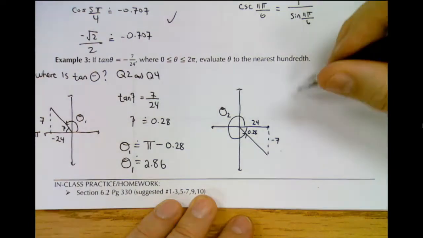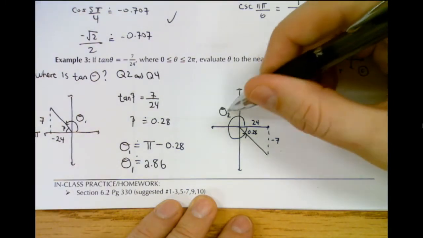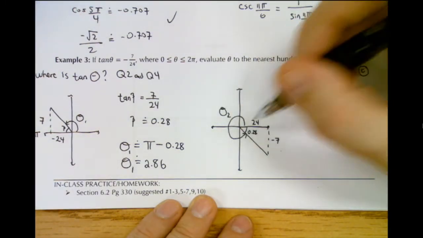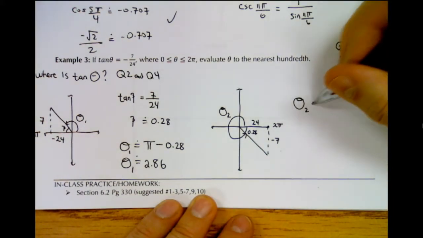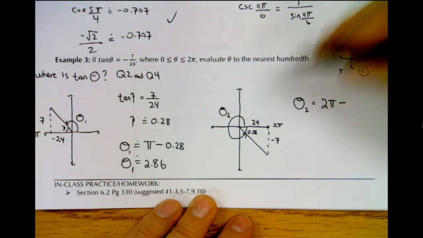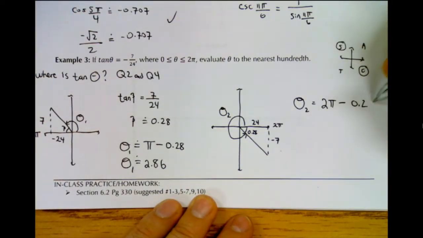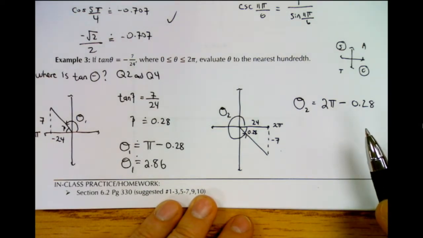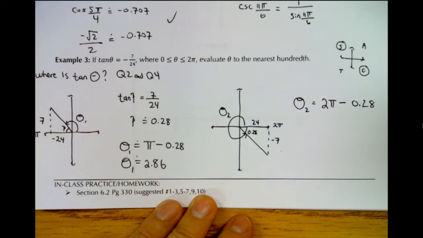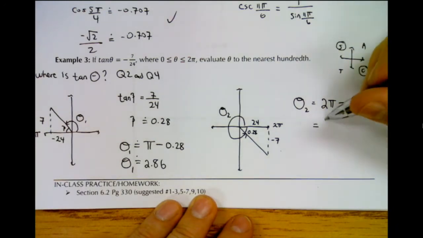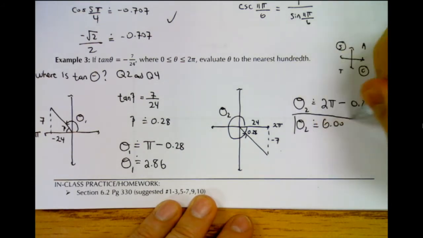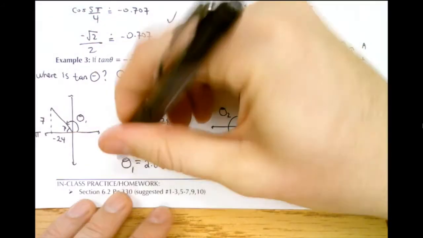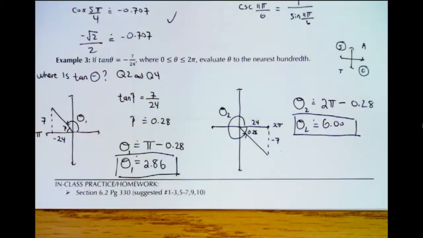We just have to think logically: what is this theta 2? Well, it almost goes all the way around, and all the way around would be 2 pi. So theta 2 is 2 pi, but we're short by our beta, 0.28. 2 pi is 2 times 3.14, which is 6.28, minus 0.28 is just 6.00. So we end up with 2 answers, 6.00 and 2.86.